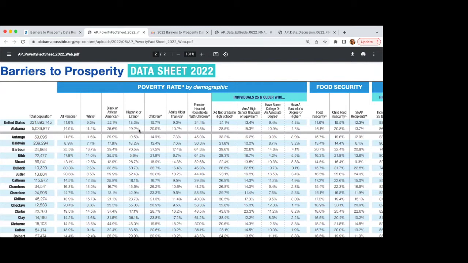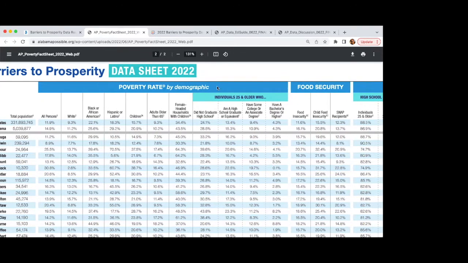So what this is not saying right here is that 29.2% of Alabamians are Hispanic or Latino. Everything you're seeing under this section is referring to a poverty rate of a certain group. So again, 29% of Hispanic or Latino Alabamians are in poverty.